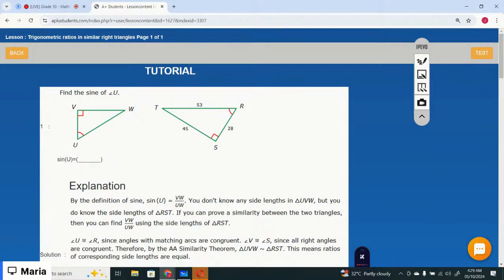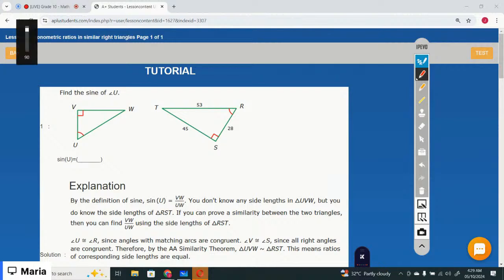You need to find the sine of angle U. If you rotate the triangle RST, angle U is similar to angle R, right? So find the angle R.